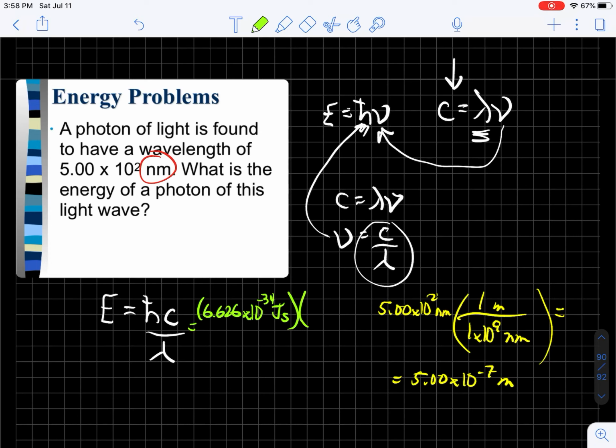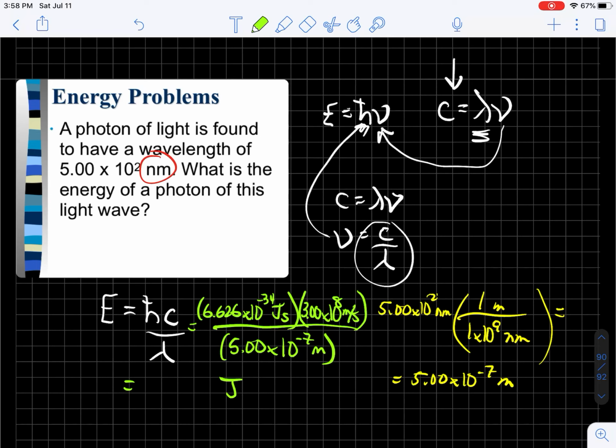So now I can substitute that in. All right, got my constant. And I got the speed of light. And then I'm going to divide that by my wavelength. Okay, so all my units cancel except for joules, which is good.